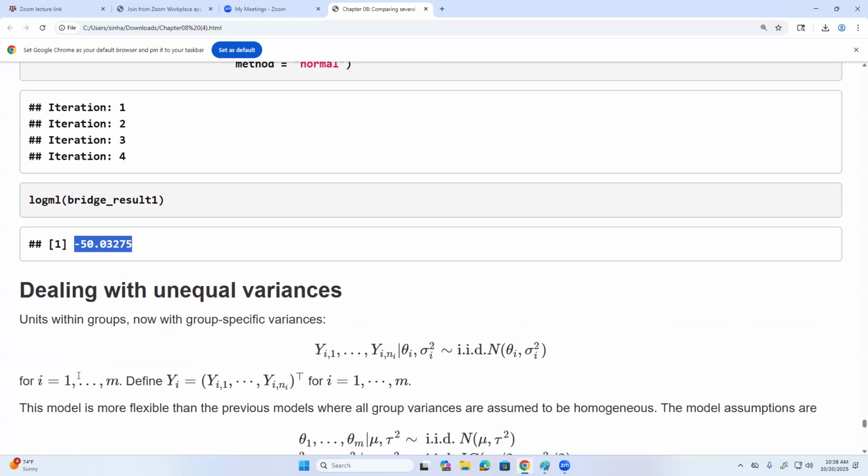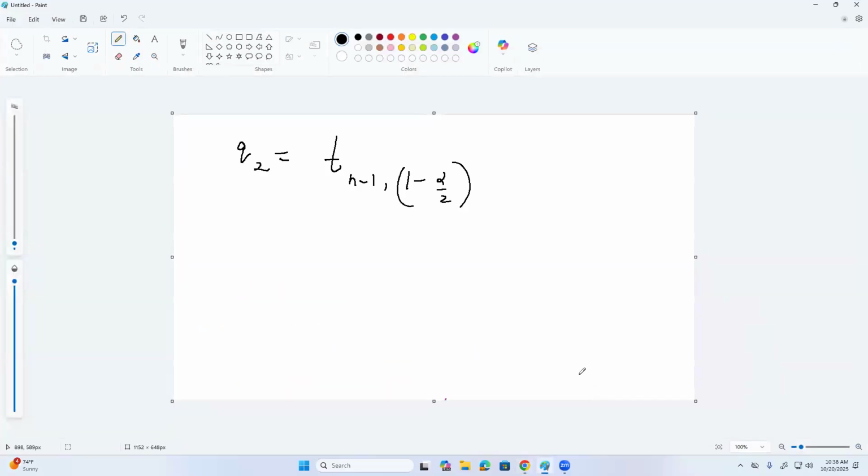I think I should first talk about, before the unequal variance, the classical technique of testing the hypothesis. You have y11 through y1n1, and the corresponding mean is y bar 1, and the corresponding sample variance is S1 squared.